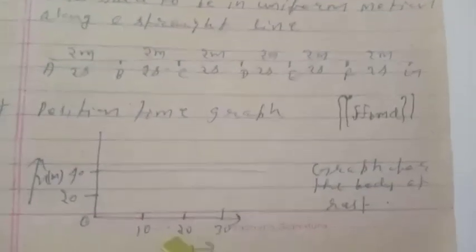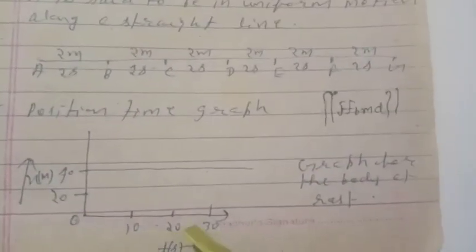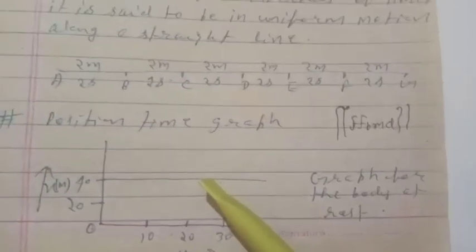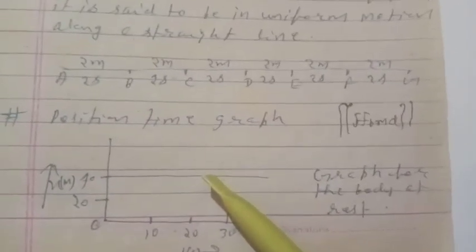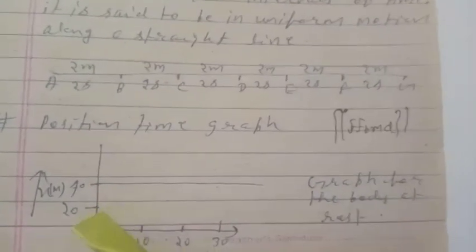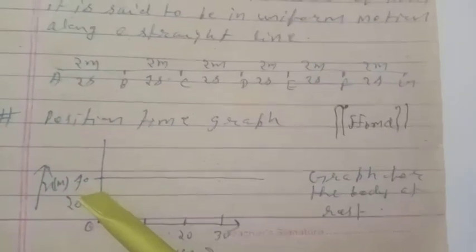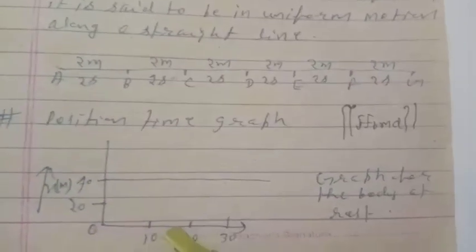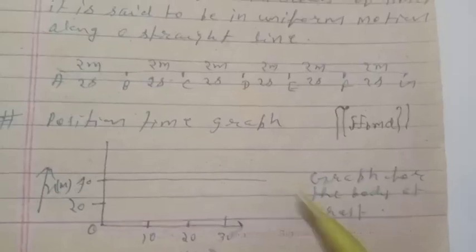It means that at different times its position is the same, that is, position is not changing. This means that the body is at rest. So this is the graph for a body at rest, as shown in the figure.